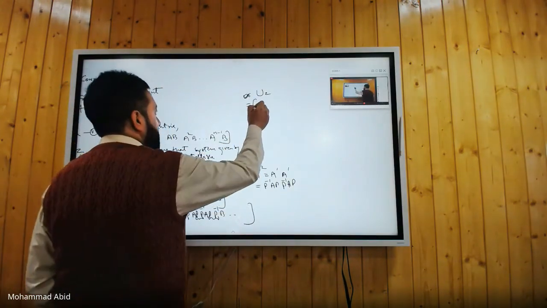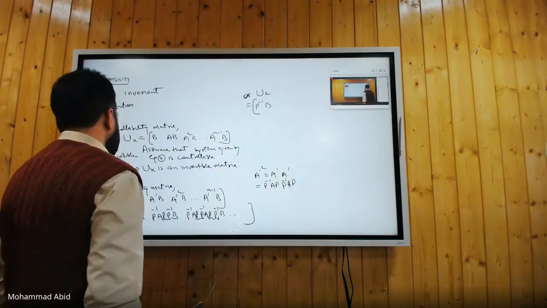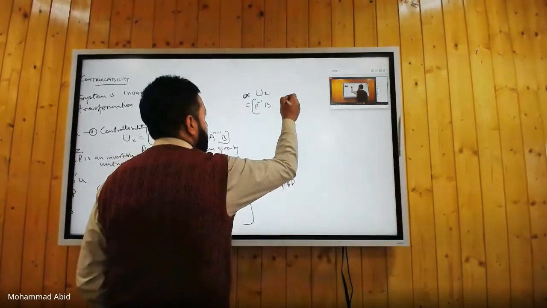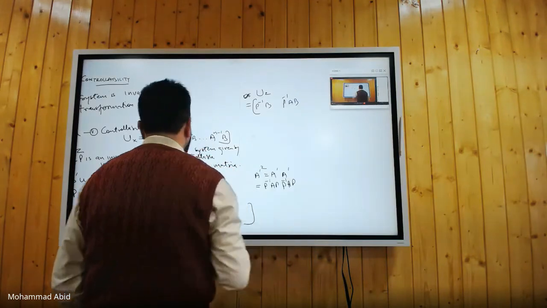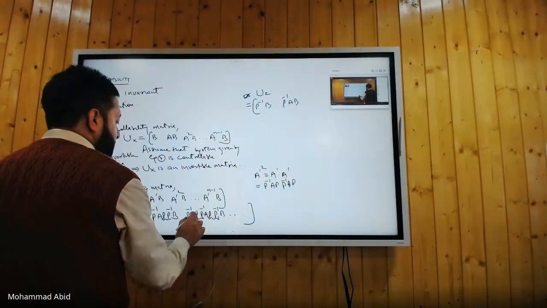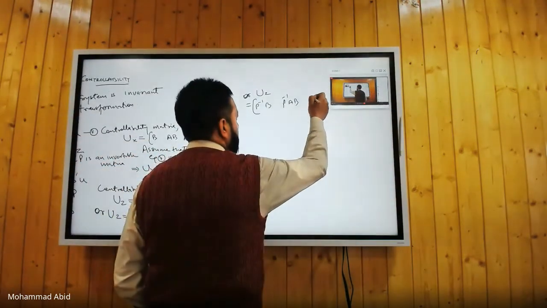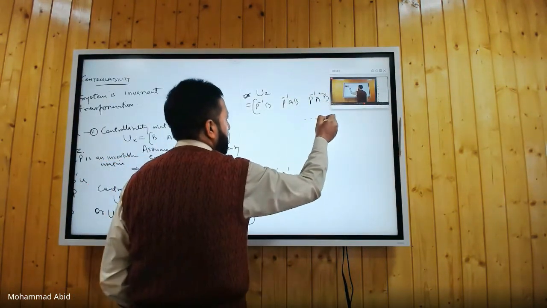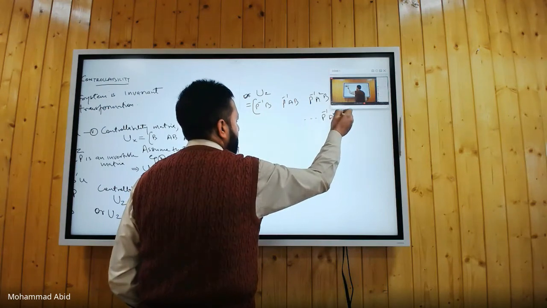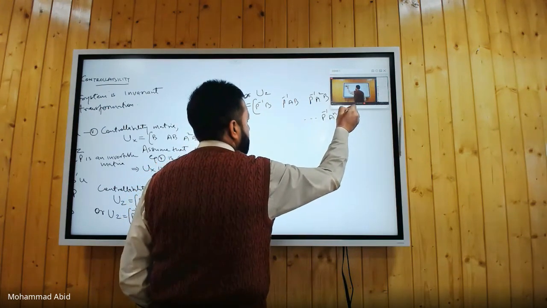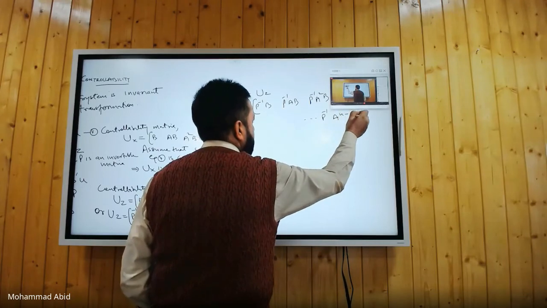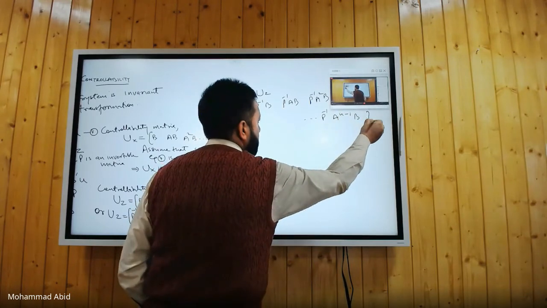So what will I get UZ as? This is first as P inverse B. Then this will be P inverse AB. Then this is I, this will be P inverse A square B. And similarly, other terms also you will get P inverse A to the power n minus 1B. Is that okay?